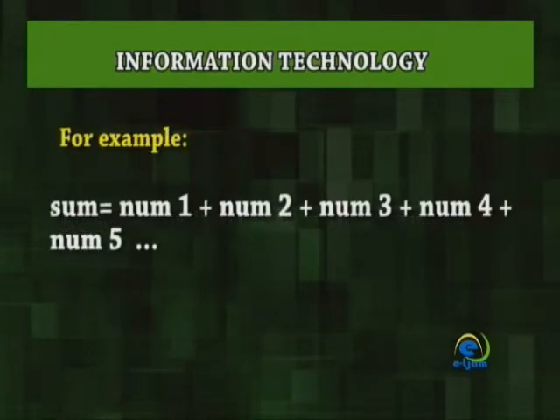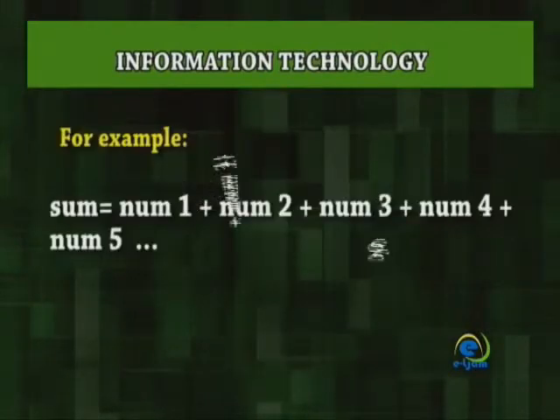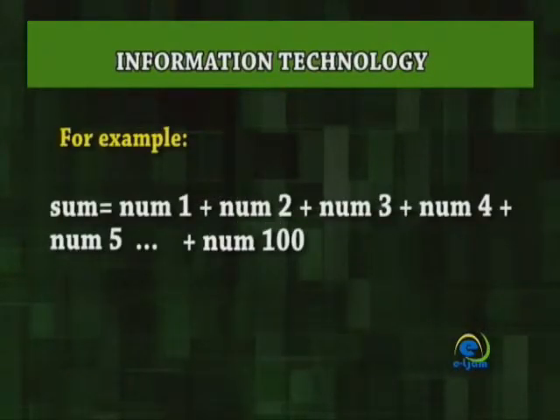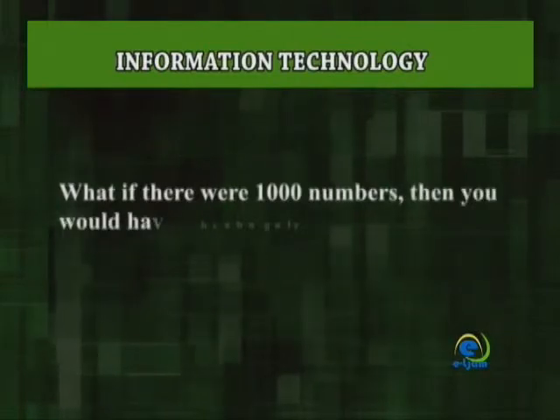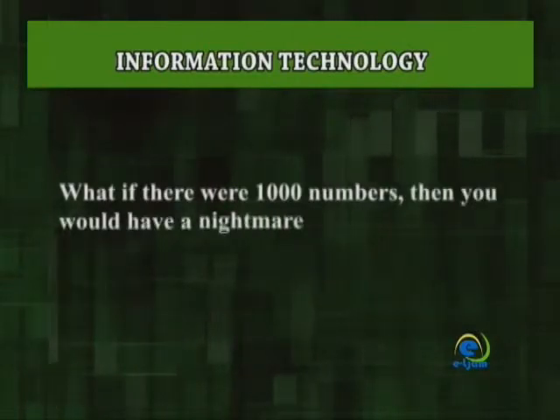Sum equals num1 plus num2 plus num3 plus num4 plus num5, and so on, plus num100. Ouch! This is painfully long. What if there were 1,000 numbers? Then you would have a nightmare.